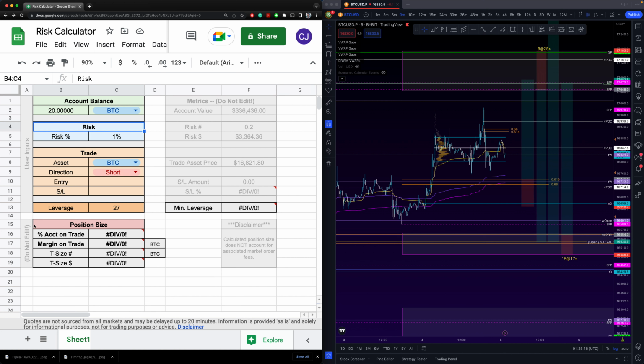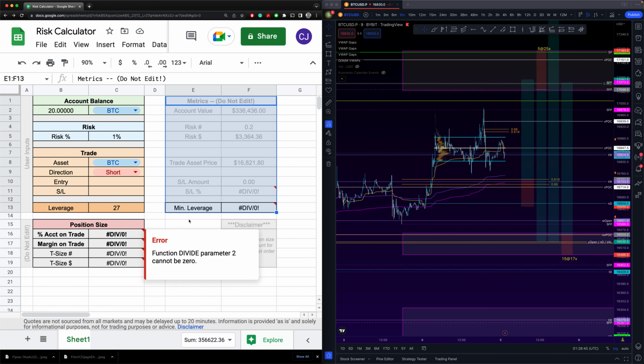The section on the bottom left is going to be your position size, and this will be automatically calculated depending on the inputs that you put up here at the top left. Over on the right, these are going to be some different metrics that are calculated that are needed to determine the position size.